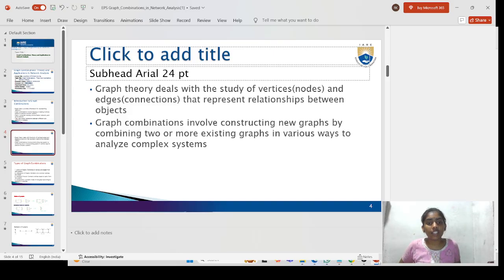Graph theory deals with the study of vertices, like nodes, and edges, connections. They represent relationships between objects. Graph combinations involve constructing new graphs by combining two or more existing graphs in various ways to analyze complex systems.